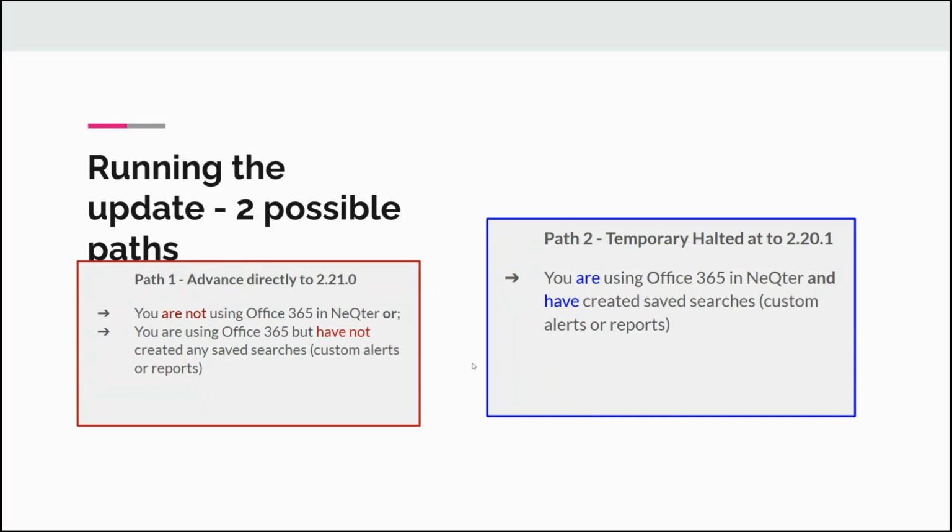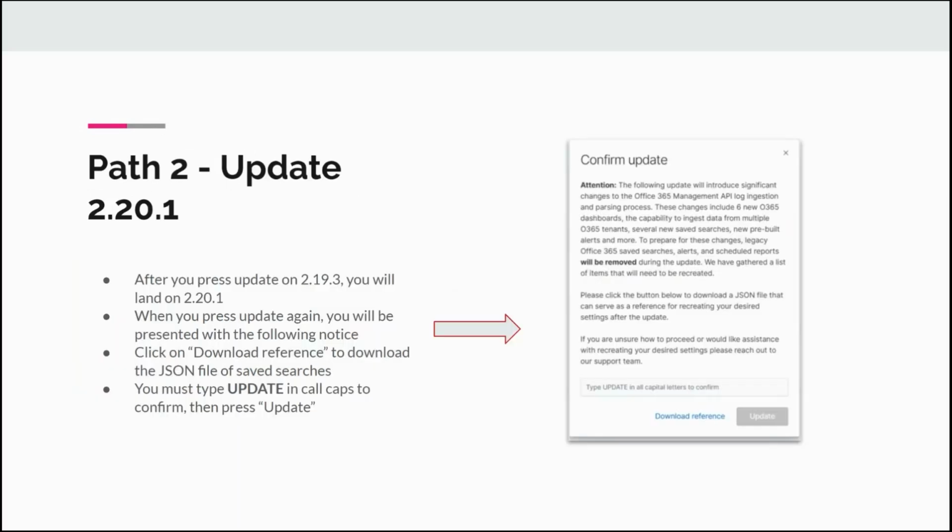In terms of the halt, what that's going to do is when you click on update on 2.19.3, you will land on 2.20.1. And when you go to run update again, it's going to come up with a prompt or notice that wants you to read and mention those things that I just talked about.